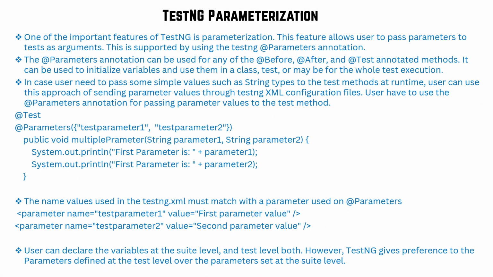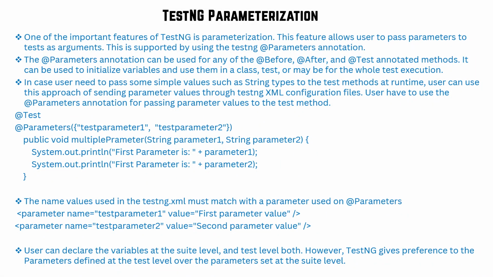One of the important features of TestNG is parameterization. This feature allows the user to pass parameters to a test as arguments. This is supported by using the TestNG @Parameters annotation. The @Parameters annotation can be used on any of the before, after, and @Test annotated methods.